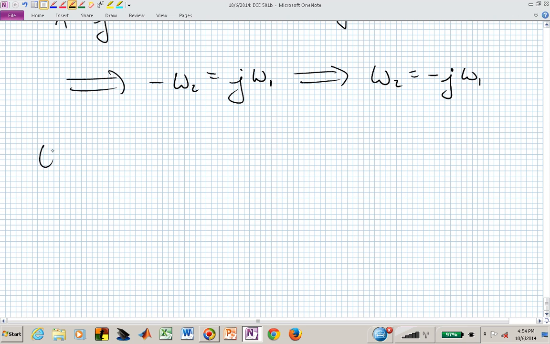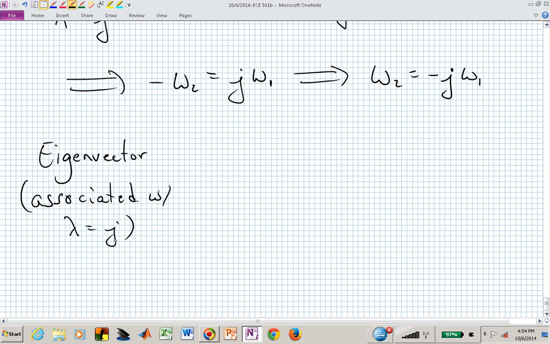So now we have the eigenvector associated with lambda equal to j, and that eigenvector is w equaling w1, minus j w1, with w1 belonging to the complex field.